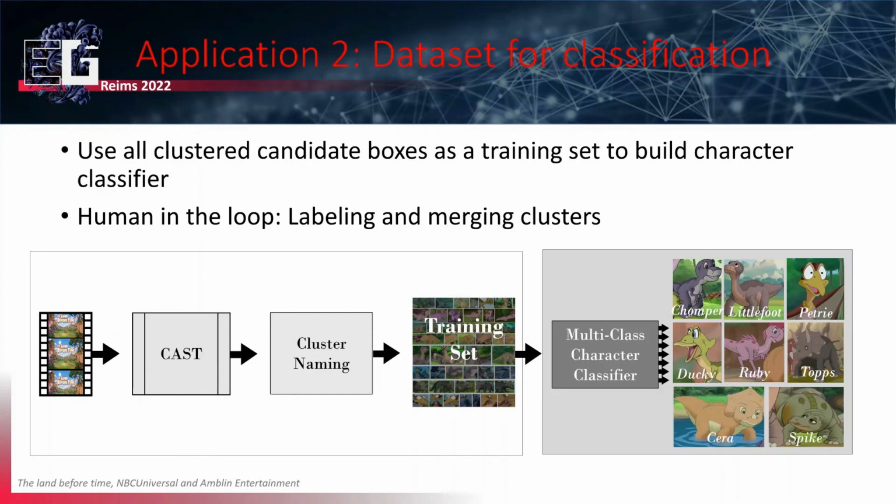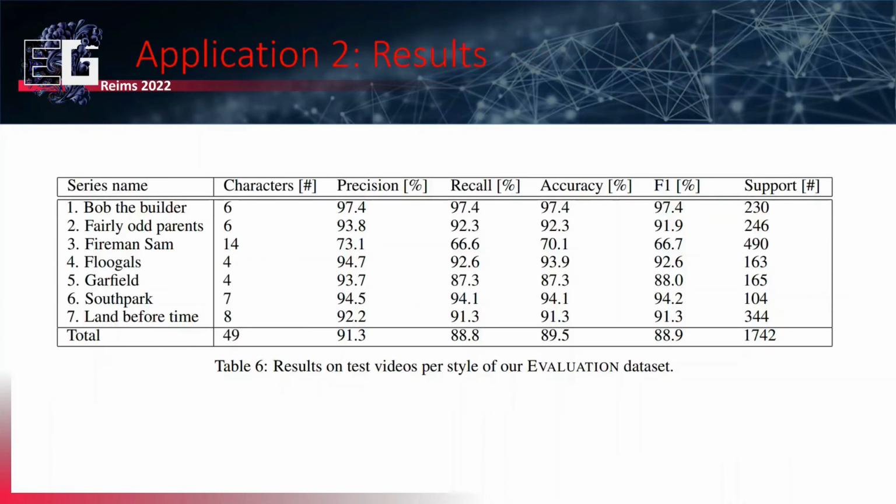The second application uses the previous steps and the human in the loop to label clusters. Using this method, we can build character classifiers with minimal effort. The following statistics were evaluated over our evaluation dataset.